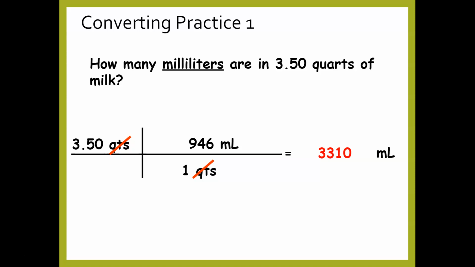So my answer can only be expressed in 3 significant figures. Despite the fact that I got 3,311, I can't have a significant figure there, so I have to put a 0 as a placeholder. It's really important that you keep using the idea of significant figures in your calculations as you go.